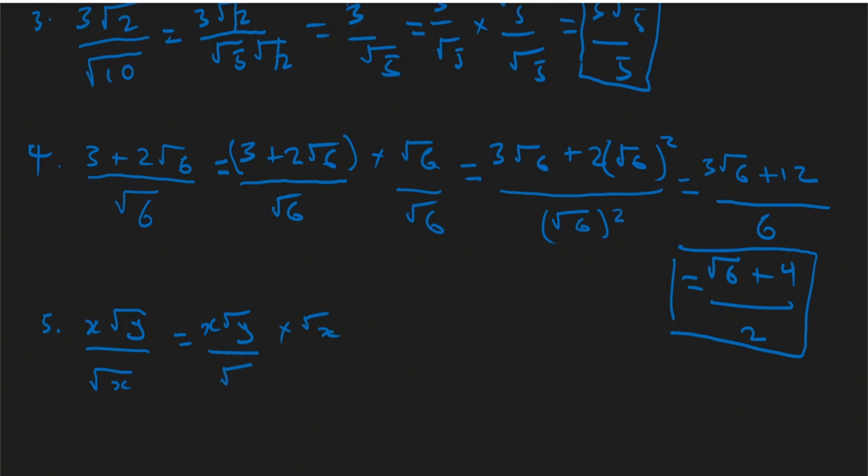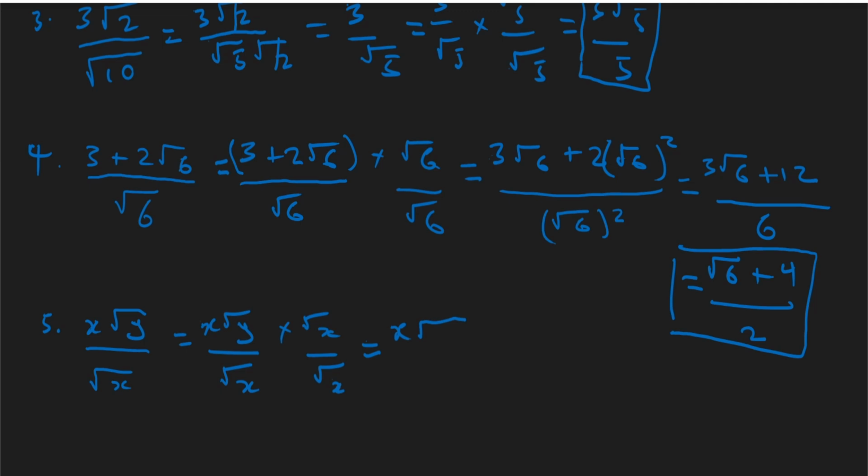And then we multiply the bottom, which is root x, also by root x. x root y times root x will give us x square root of xy.